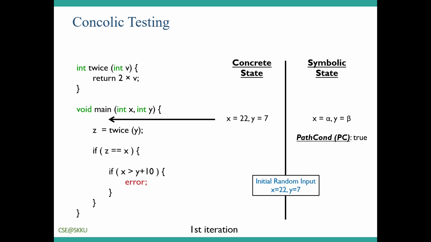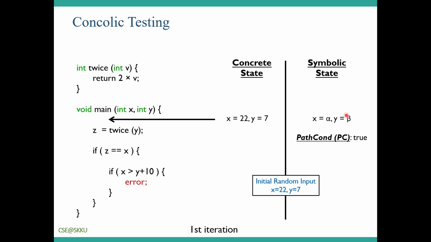First, concolic testing uses three main components: concrete state, symbolic state, and path condition. The concrete state holds the actual values of the program variables, and the symbolic state is the symbolic representation of the variables, like alpha and beta.